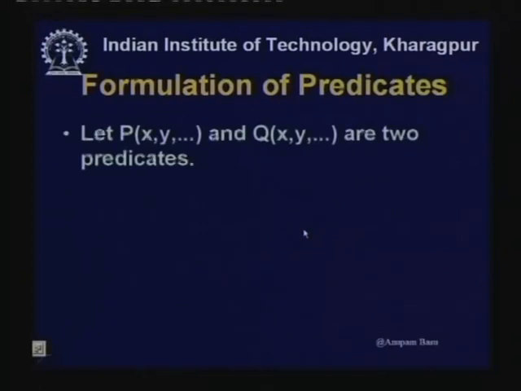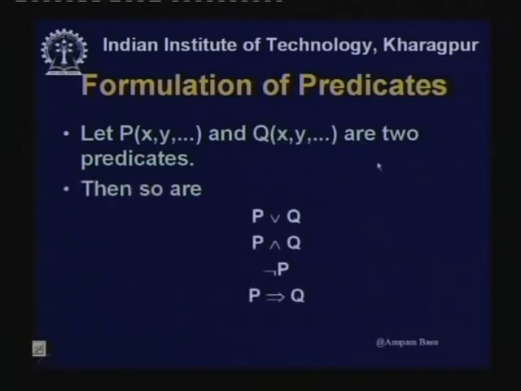Now, how do we formulate predicates? Let P having arguments x, y, etc., and Q having arguments x, y, etc., be two predicates. Remember how we defined well formed formulas or valid sentences in the case of propositional logic. We have exactly similar definitions in the case of predicates also.